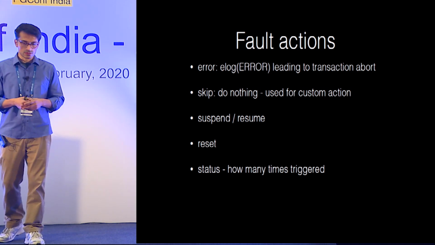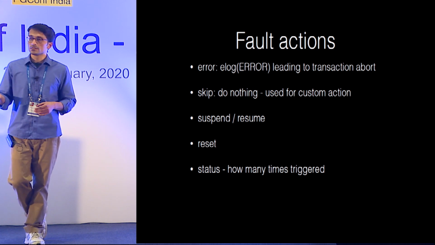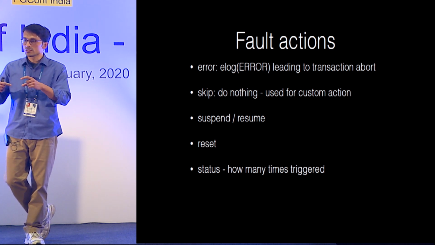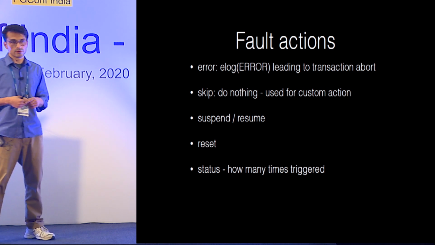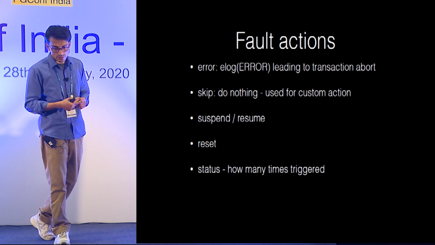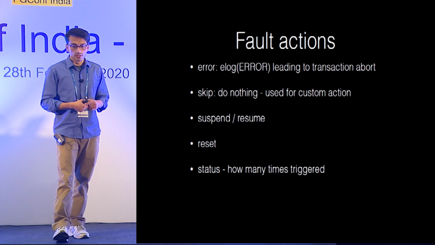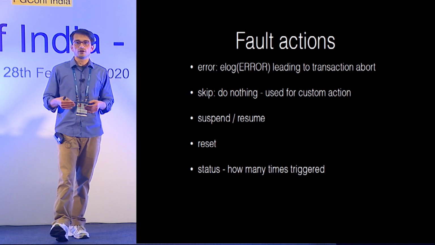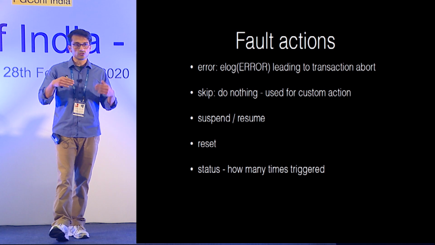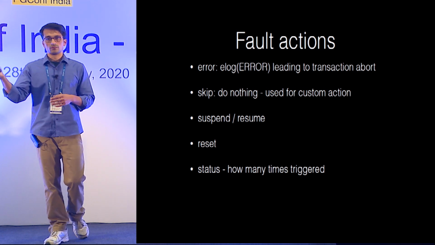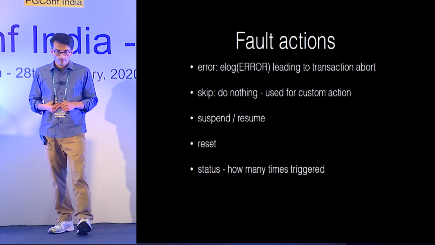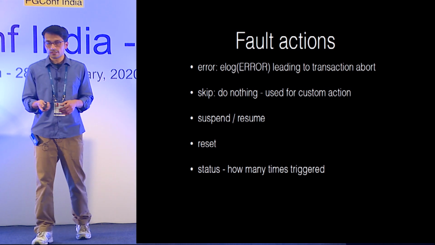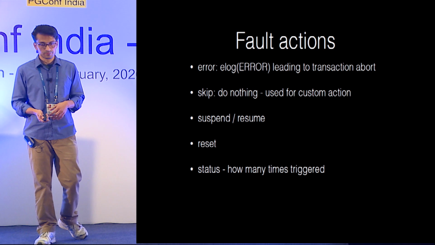It is also useful to have some custom logic when a particular fault is hit. Then there is suspend and resume. Reset means to remove the fault. In the shared memory, once you inject a reset fault, the shared memory will be cleared and the fault will no longer have any effect. And status tells how many times a fault is triggered.